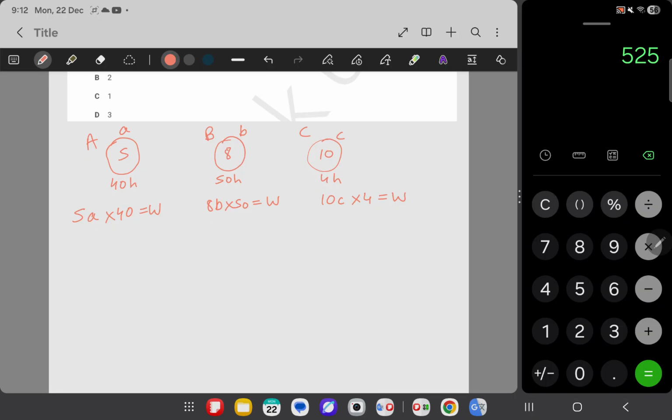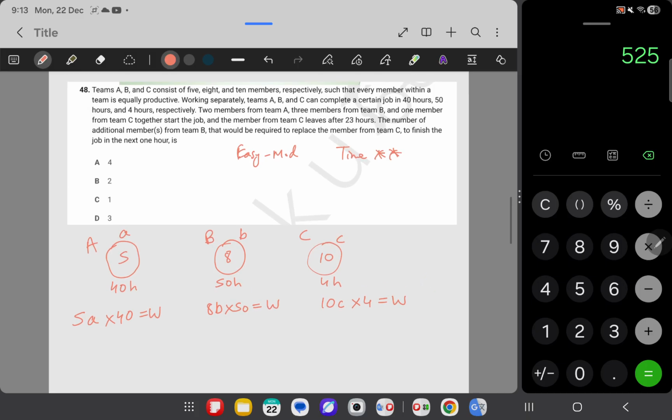So if you want to write the ratio, we will write it down later. Let's first see what the question is asking. 2 members from team A, 3 members of B and 1 member from C start the job, and after 23 hours the member from team C, there was only 1 member from team C, leaves.